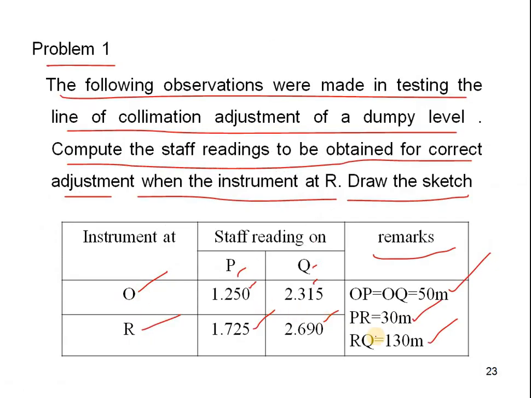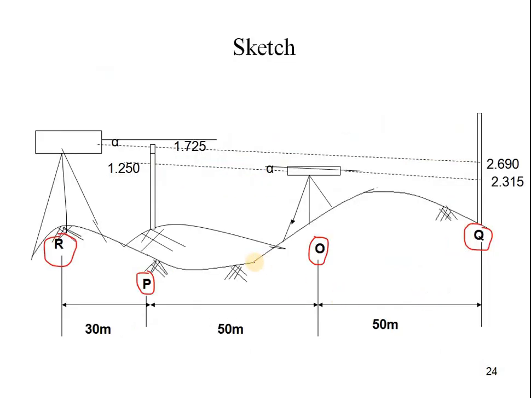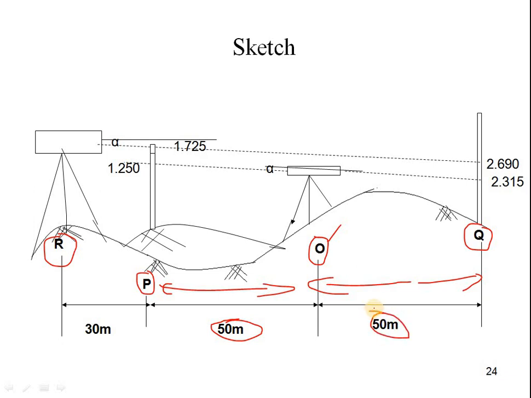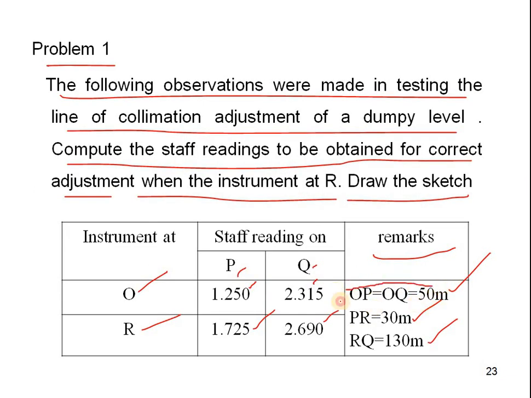The distance given regarding OP is equal to OQ is equal to 50 meters, that is O to P and O to Q. Next, PR is equal to 30 meters and RQ is equal to 130 meters.